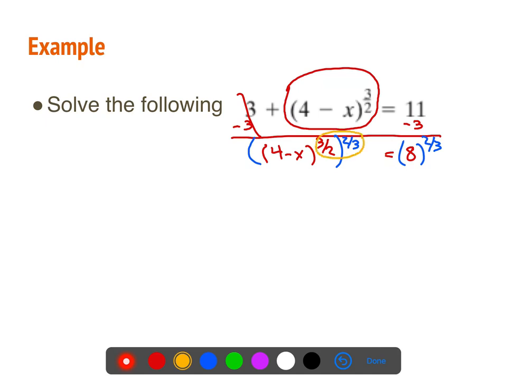Now it's isolated, so I'm going to do the reciprocal power. 3/2 flipped over is 2/3. Remember, we do this on purpose because 3/2 and 2/3 will cancel, and you'll get what's underneath, which is 4 minus x.